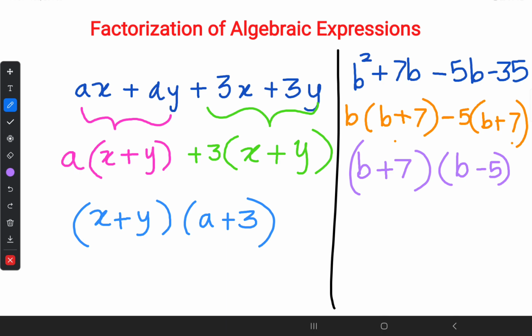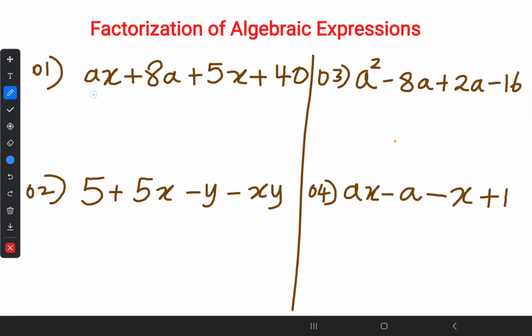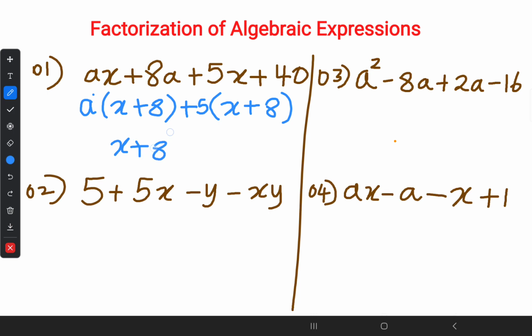For the first question, in the first pair we can select a, so x plus 8 is the remaining one. In the second pair, 5 is the common factor, then x plus 8. Since both brackets have the same value, the answer would be x plus 8 into a plus 5. Then the second one.